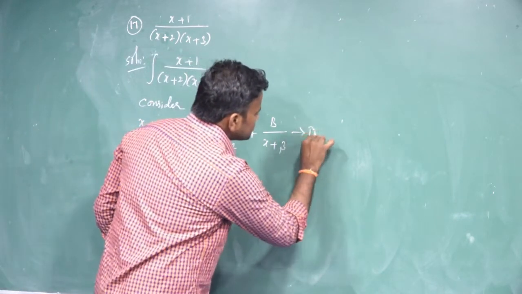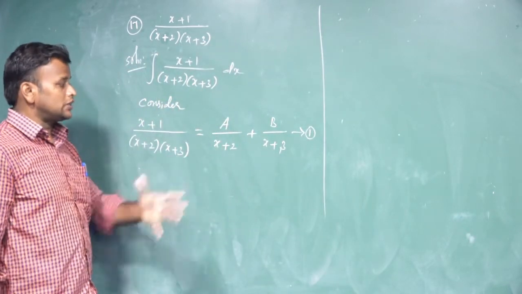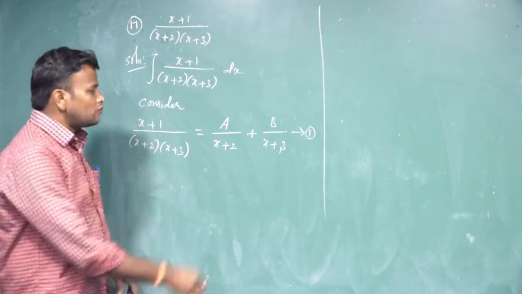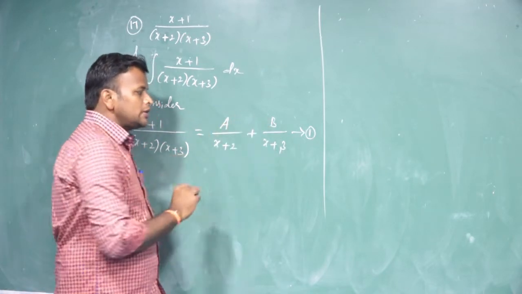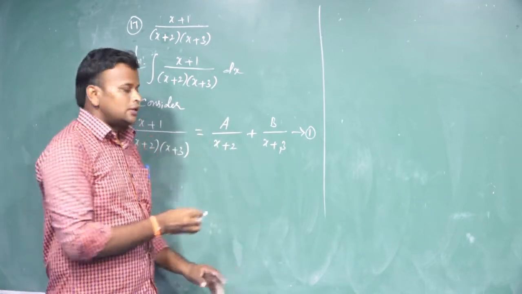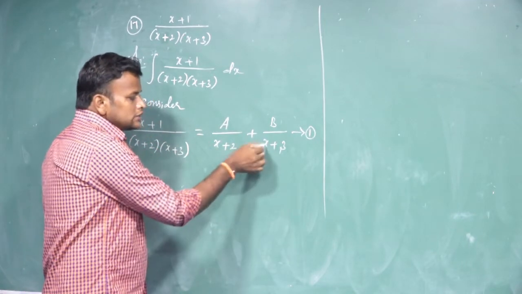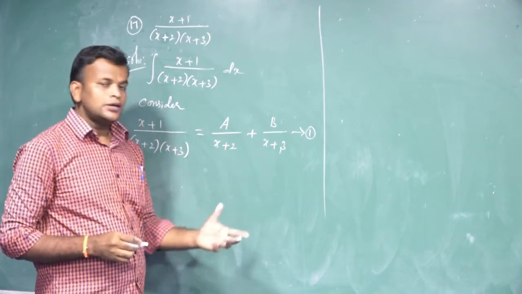Now I call this equation 1. What is the next step? The next step is to find the values of these constants. We introduced the constants A and B. The next step is to find the values of the constants A and B. In the RHS you see there are two terms, and the denominators differ.